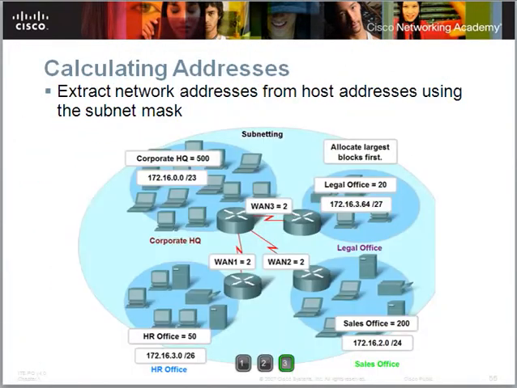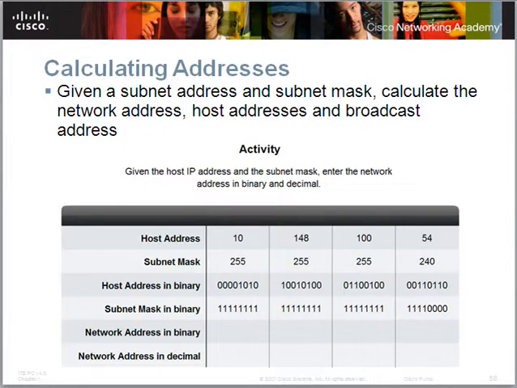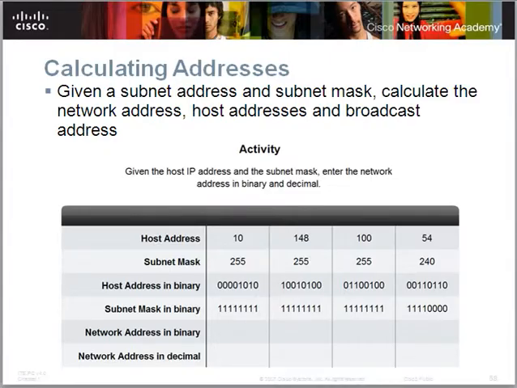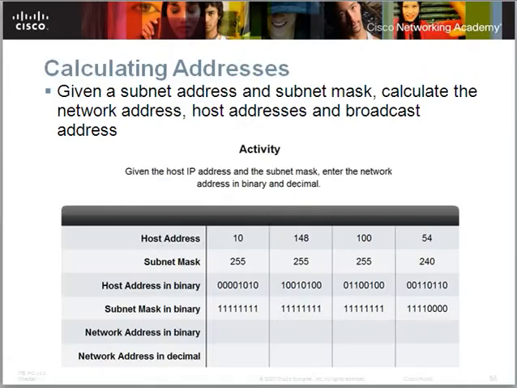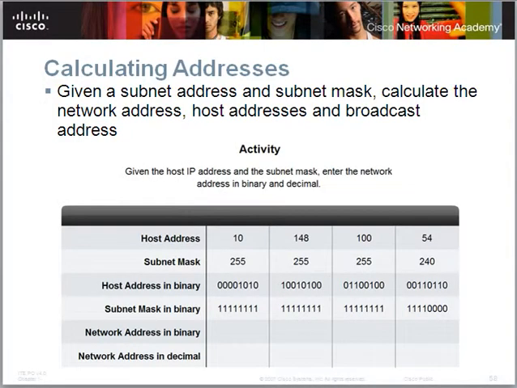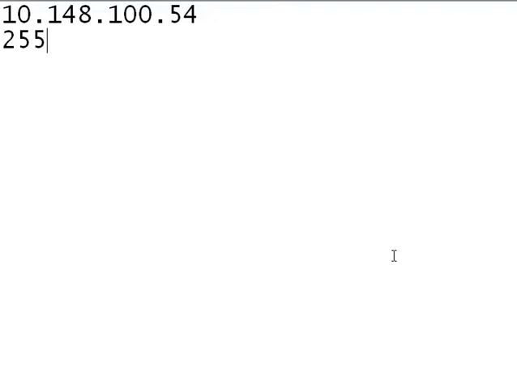This is one activity that is given: 10.148.100.54, and the subnet mask is given as 255.255.240. So this is what you have to calculate.